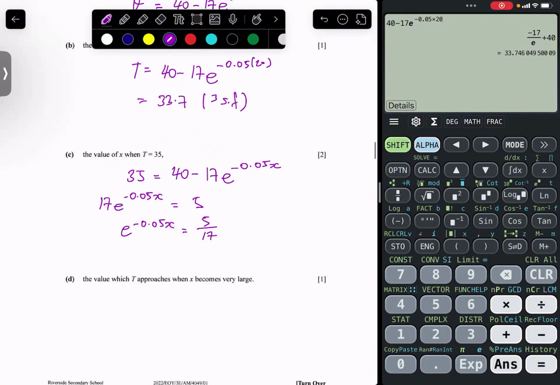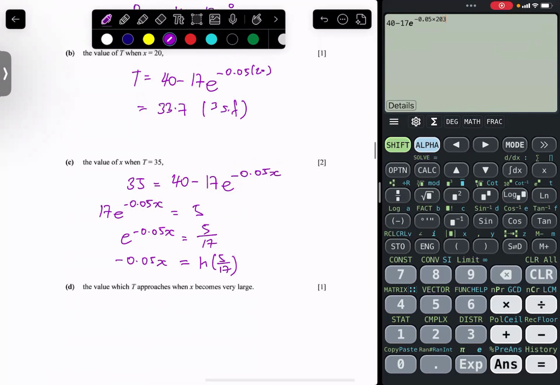Take ln at both sides: negative 0.05x is equal to ln of 5 over 17. So x equals ln of 5 over 17 divided by negative 0.05. So x equals 24.5.